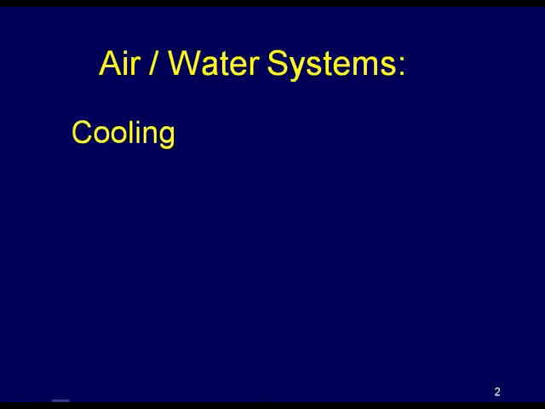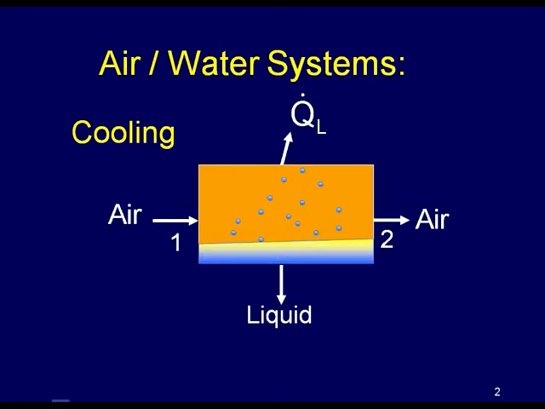Remember, for air-water systems, a cooling process will often occur in the evaporator of a standard refrigeration vapor compression unit. So this would be an evaporator. What happens in the evaporator is you bring in humid air, and as you start to cool it, it often reaches its dew point.